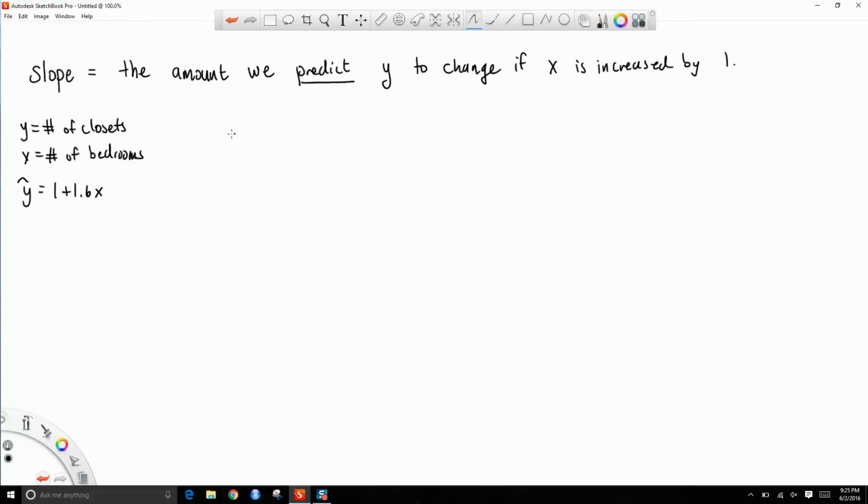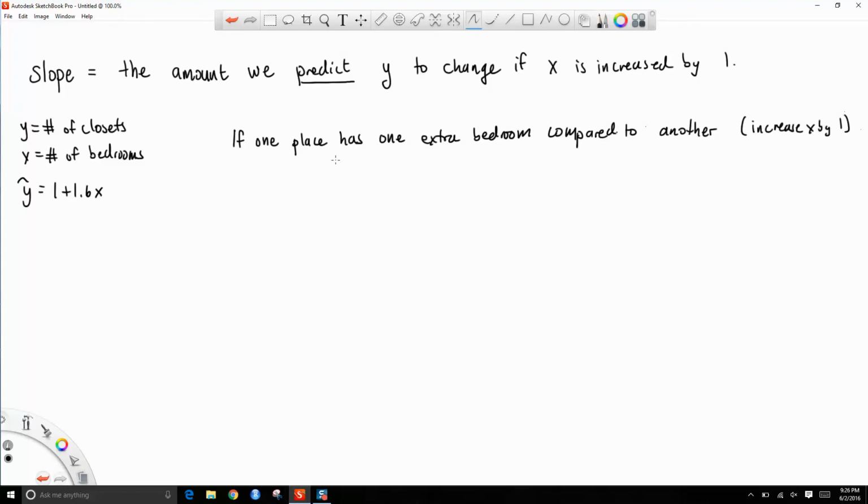This means that if one place has one extra bedroom compared to another, this is the part where we increase x by 1, then we predict it will have 1.6 more closets than the other.